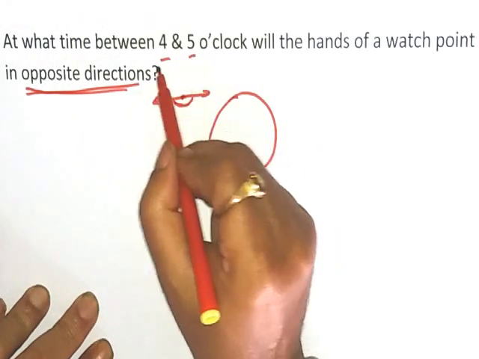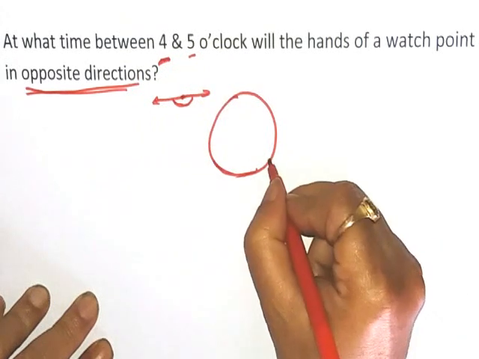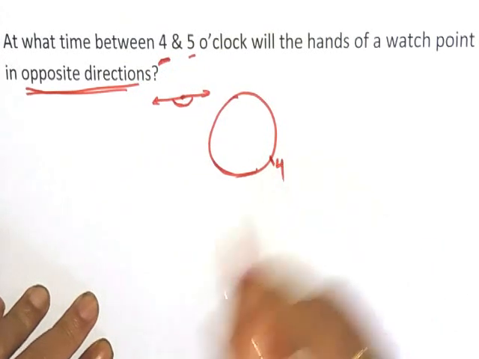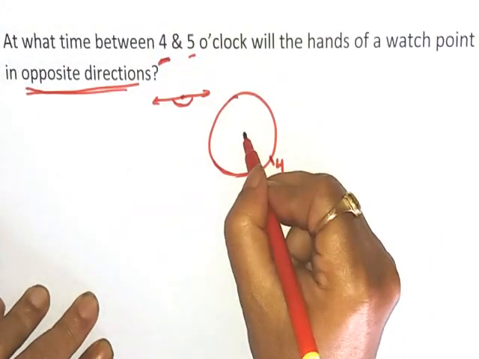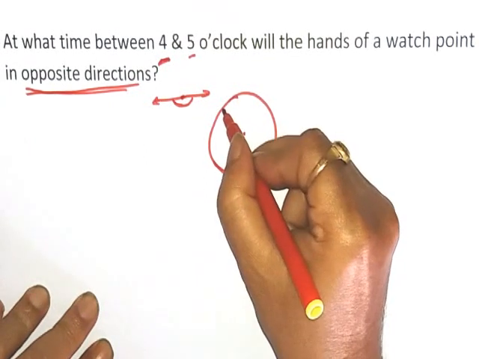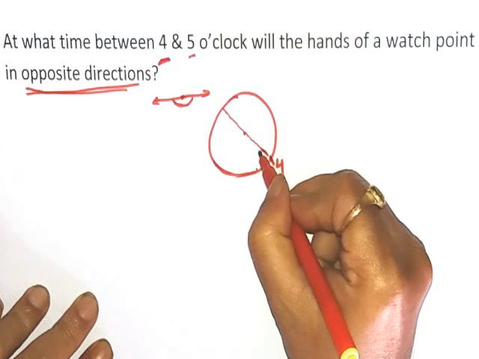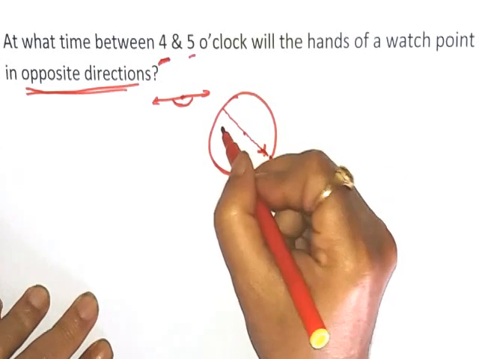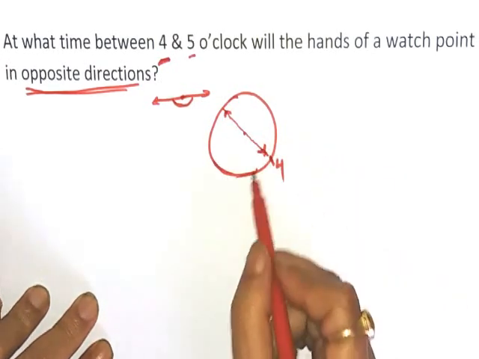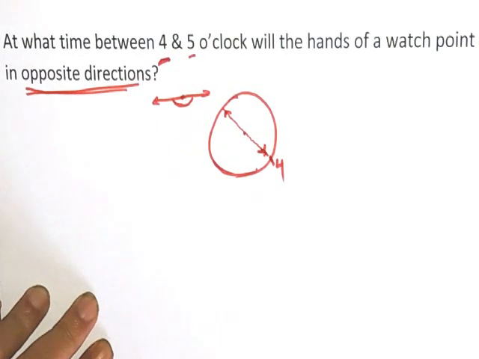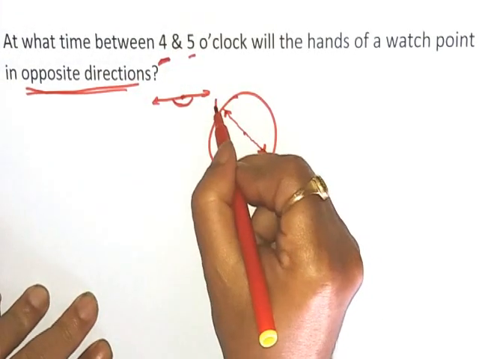4 and 5. Earlier is 4. So we will draw the 4. And if this is the 4, and we have to draw the straight line, this one is the hour needle and this one will be the minute needle. So if it has to be the straight line, then this needle should be at the 10 point.